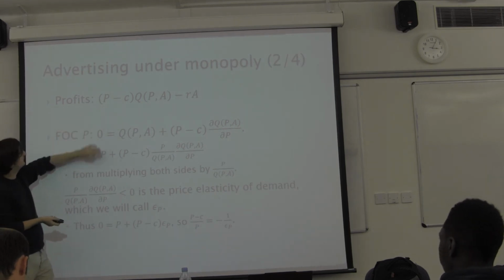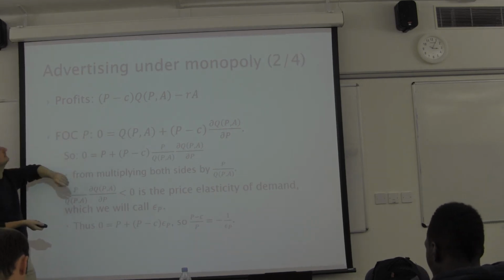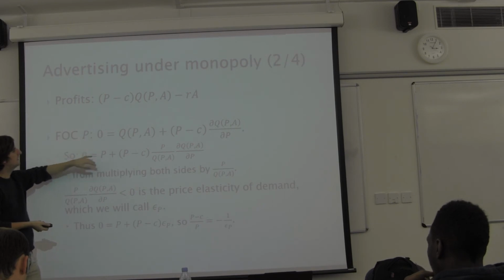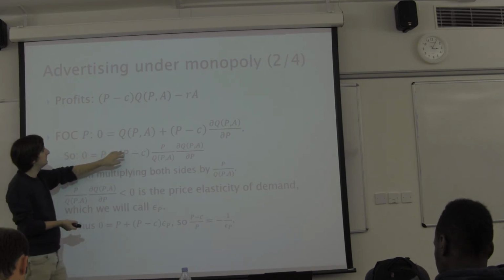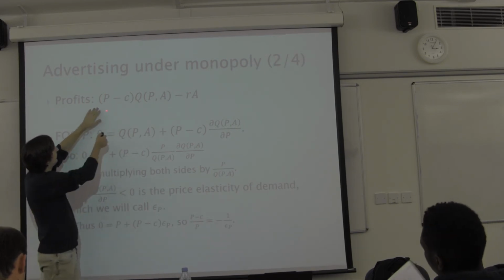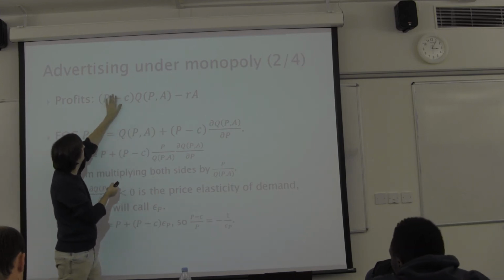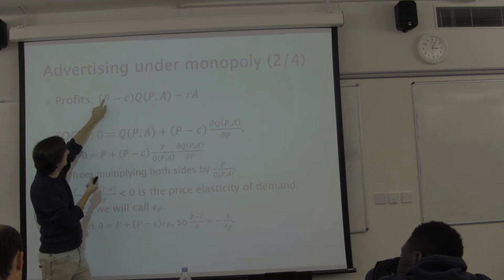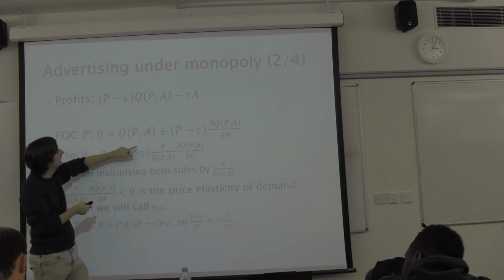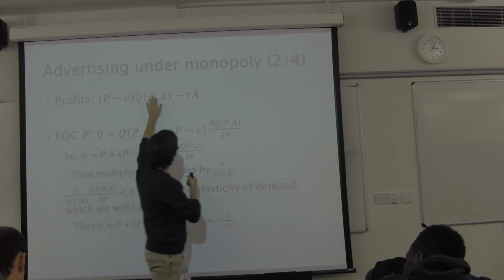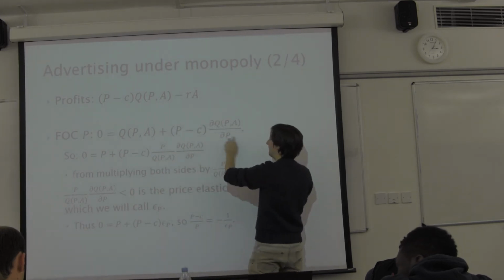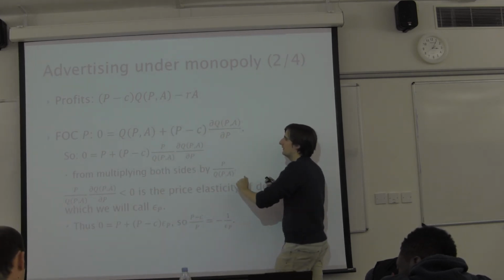So there's going to be a first order condition for price. What price are you going to set? Using the product rule here, we have the derivative of this times that. The derivative of this is just 1 with respect to price, plus this times the derivative of that, which I've written as dQ/dP.